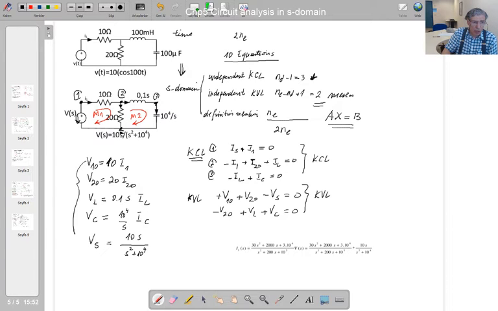So there are 5 equations here, 2 here, 3 here, total 10 equations, 10 unknowns. So the number of equations equals the number of unknowns, and these equations are independent ones, meaning the inverse of this matrix exists. So that means you can find A minus 1 B, and you can calculate all the elements' currents and voltages in a unique way.